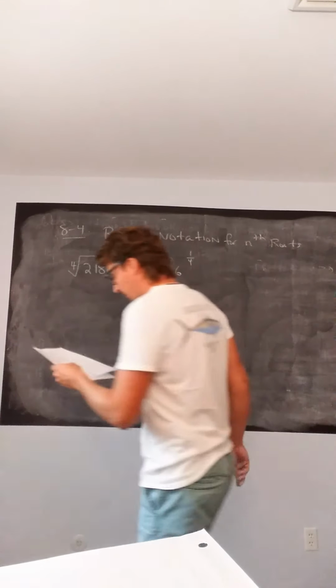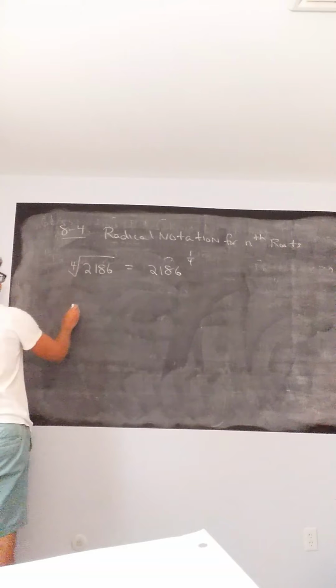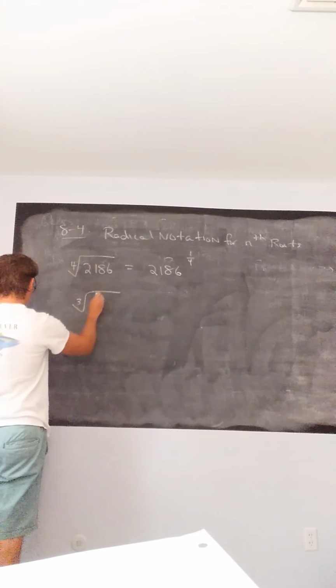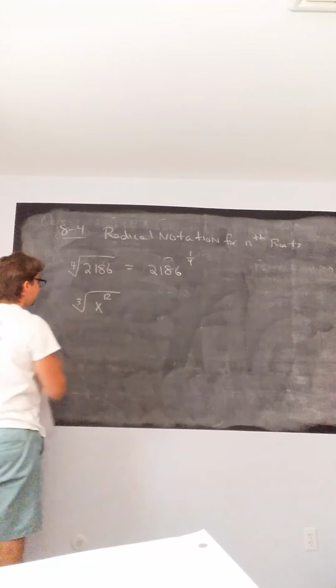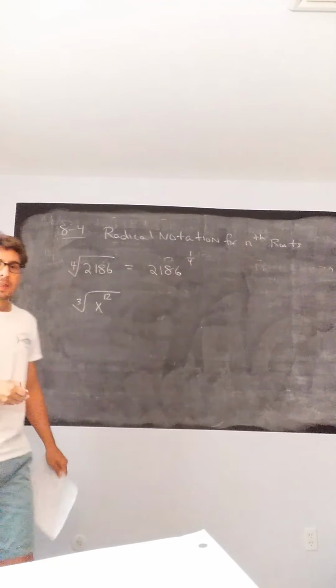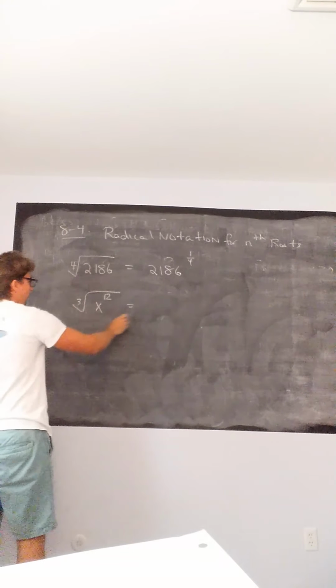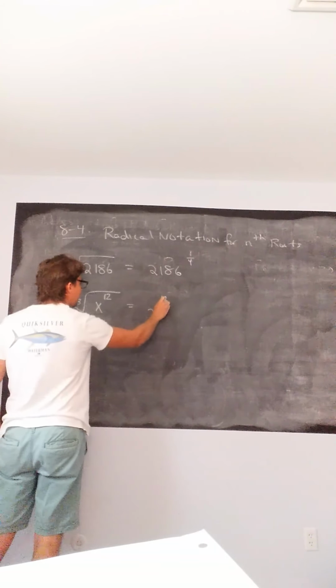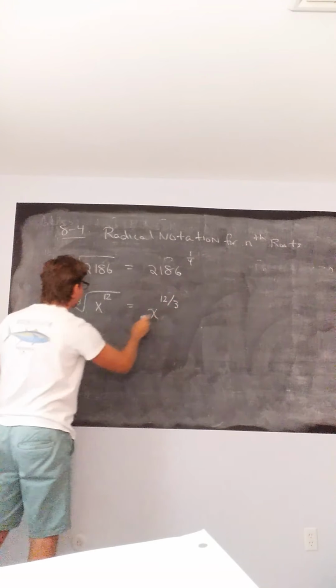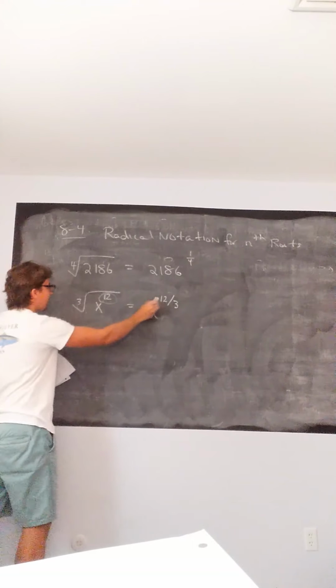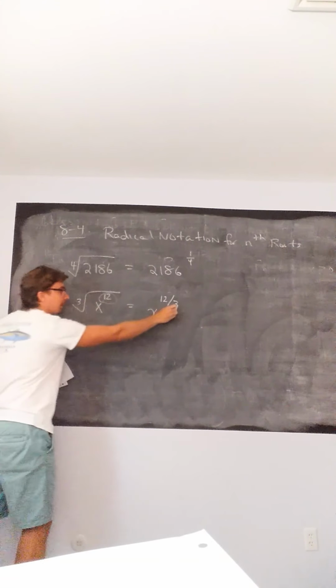Okay, in any case, let's say we wanted to simplify some things like this. If we have the 3rd root of x to the 12th, we use that theorem that we had on the board. We can rewrite this as x to the 12 over 3 power. See, the exponent's on top, and the root is on the bottom.